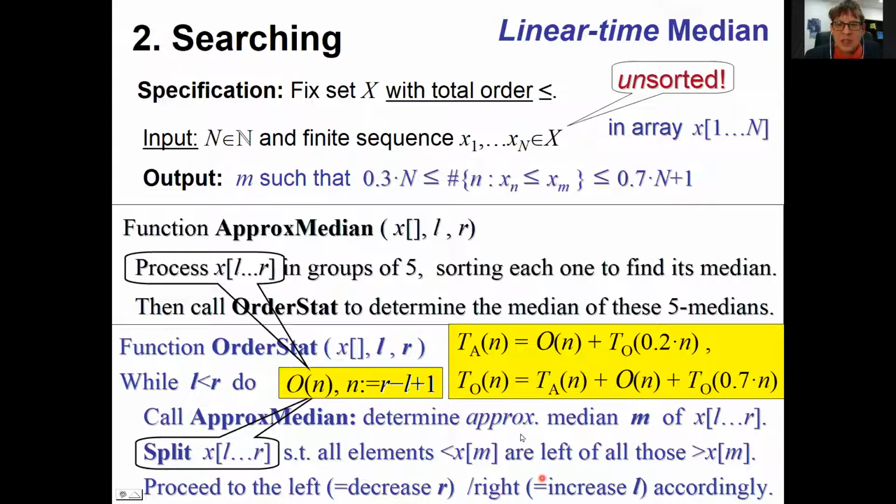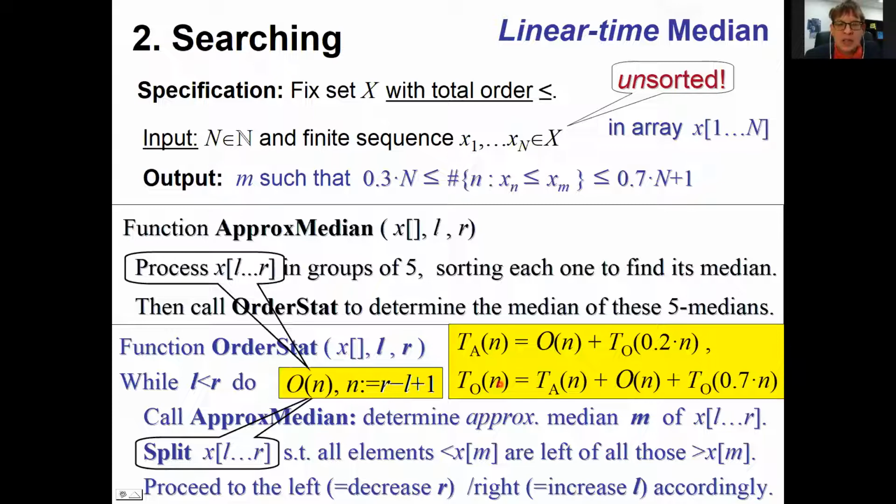Because in the next iteration, as you recall, the number of elements that are smaller and the number that are larger are at most 70% of the elements we had previously. So we only proceed in one of the two subarrays after splitting, and by our analysis from the previous slide, whichever subarray we proceed to in the next iteration is at most 70% the size of the previous one.